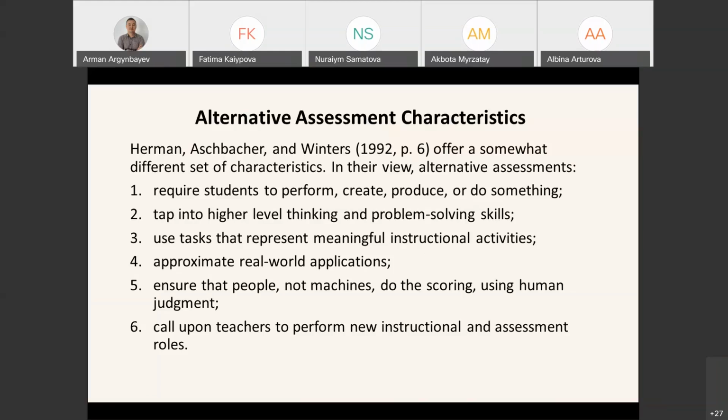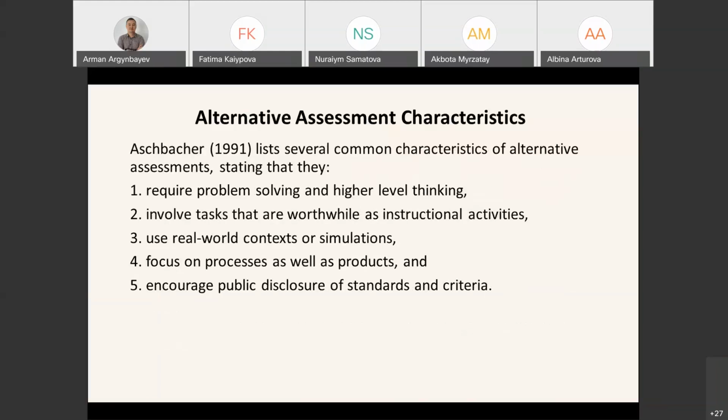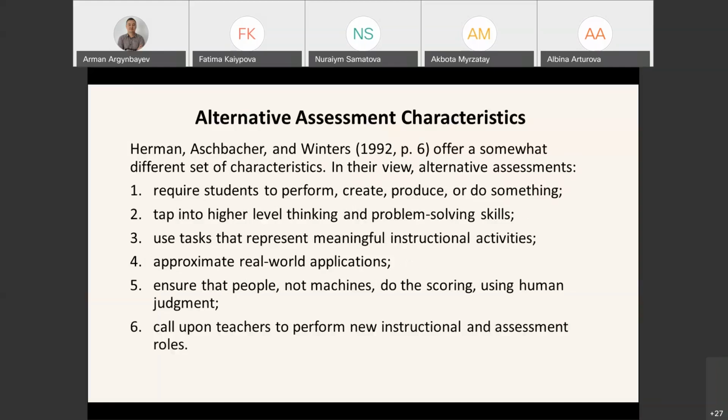Similar. There are three similar points that were mentioned by Huerta-Macías. And what do we have? So we have some extra elements here.